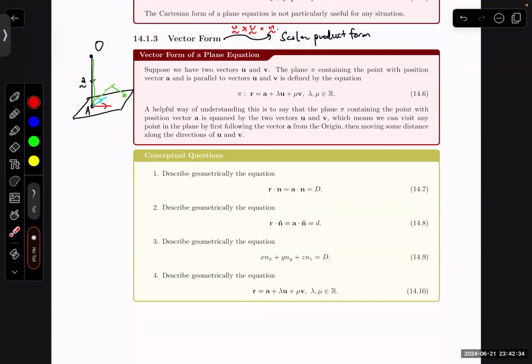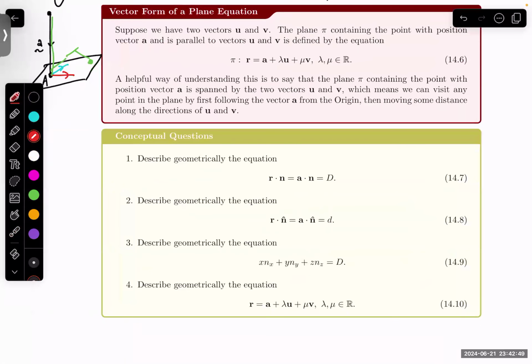You just say it describes a plane in which... let me just write it out. Off the top of my head, I suddenly forgot what the geometrical interpretation is.